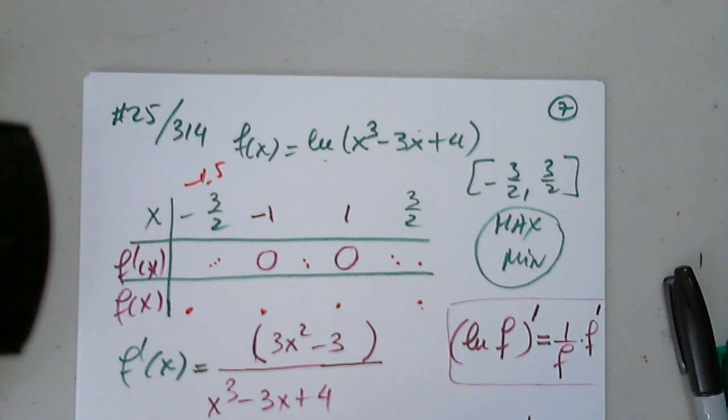So don't forget parentheses. 3x squared minus 3 divided by, also parentheses, x cubed minus 3x plus 4. And close.